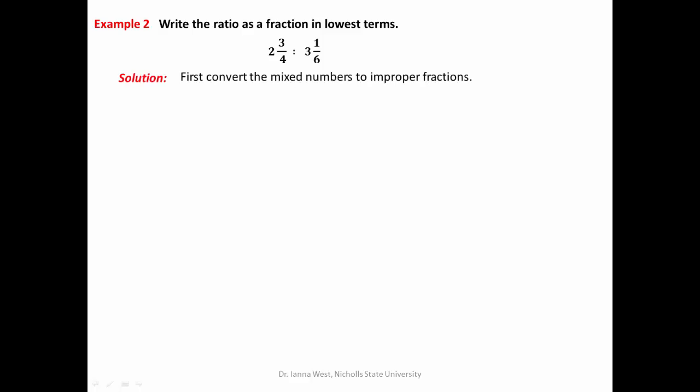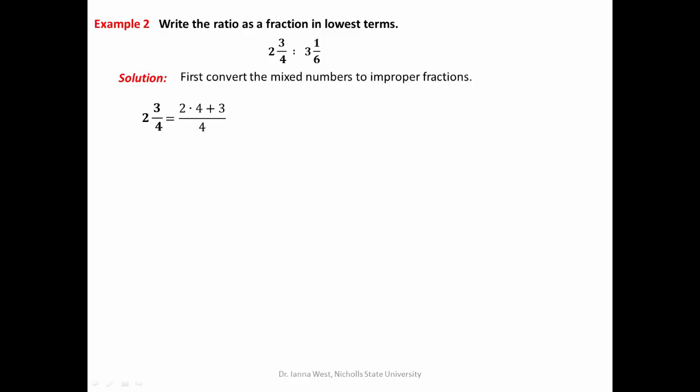For the next example, we will write the ratio 2 3/4 to 3 1/6 as a fraction in lowest terms. We will first convert the mixed numbers to improper fractions. To convert 2 3/4 to an improper fraction, we multiply 2 times 4, add 3 to that result, and then divide by 4.